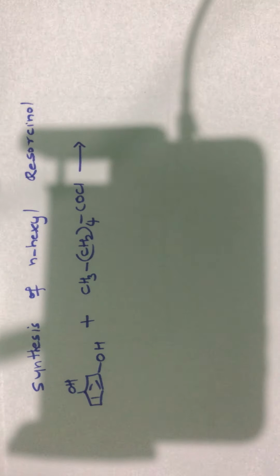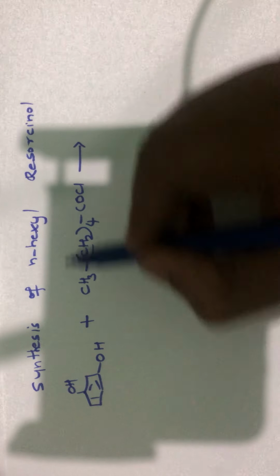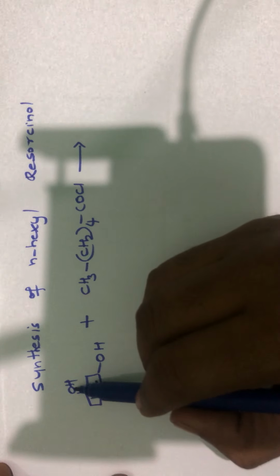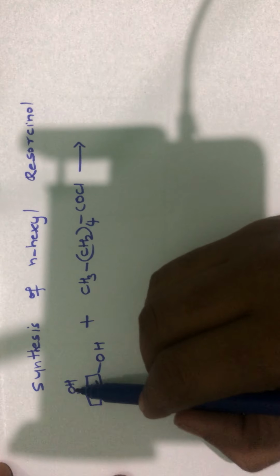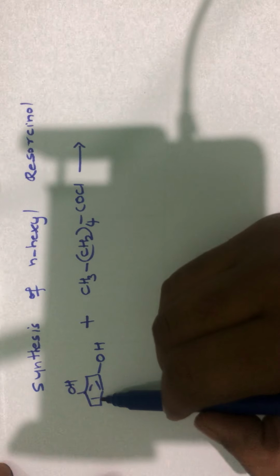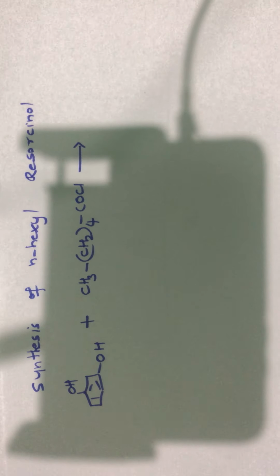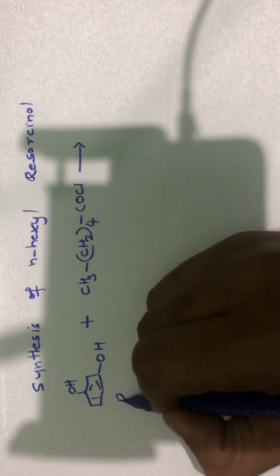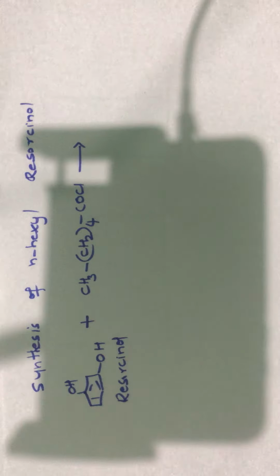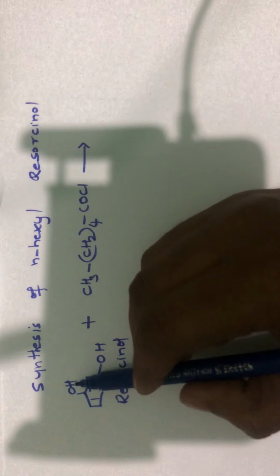What happens is here? This is C double bond OCl. N-hexyl resorcinol can be prepared by Fries rearrangement. So this is resorcinol. This is N-hexanoyl chloride. So what happens?